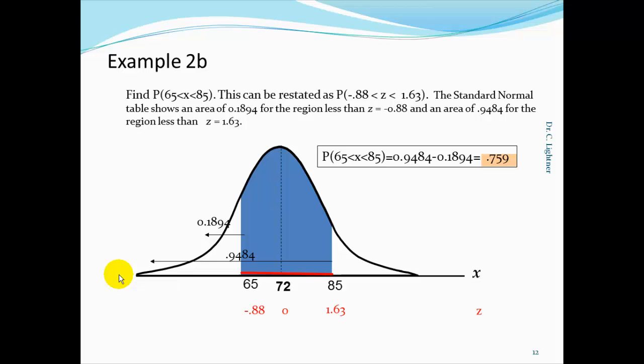The shaded area that we want is the difference between these two values. For this example, the shaded area is 0.759. Therefore, 75.9% of students received a grade between 65 and 85.